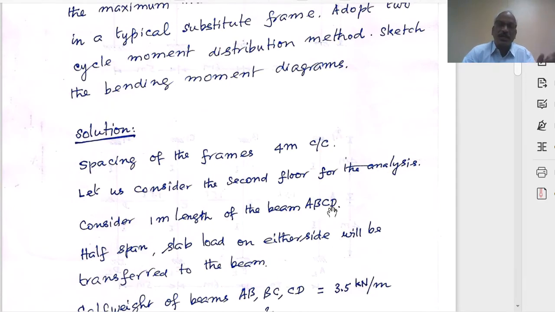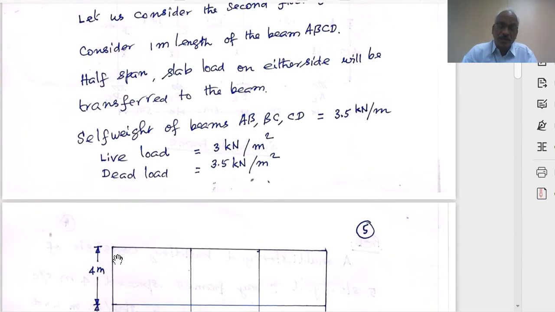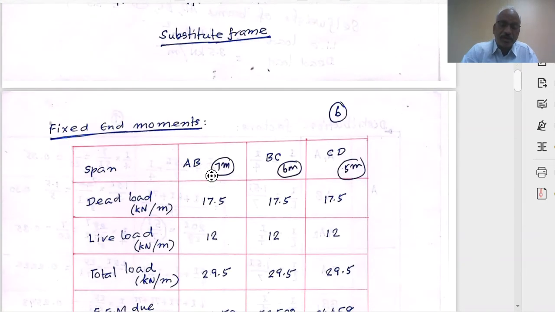Half span slab load on either side will be transferred to the beam. Namely, self weight of the beam is 3.5, live load, and dead load. This is what is given in the problem. Right, so this is the substitute frame.